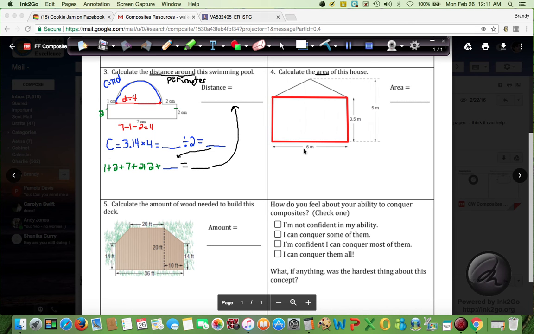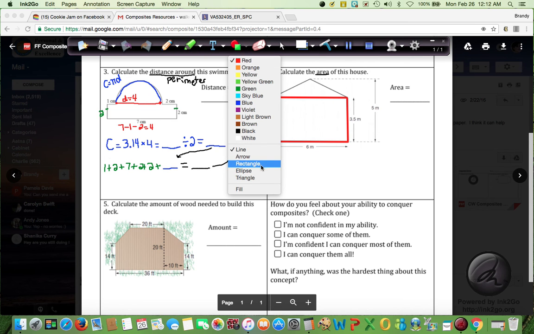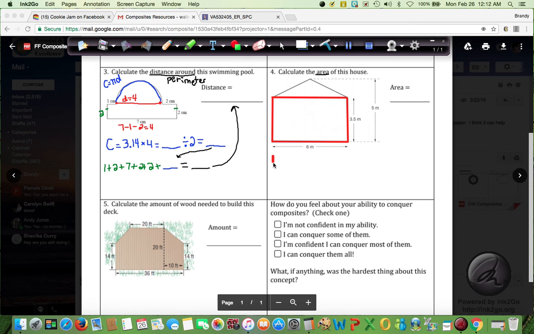You guys see that? Okay. So if I just want to figure out the rectangle, that's a 6 by 3.5. So I'm going to make a little rectangle so you guys can see what I'm talking about.